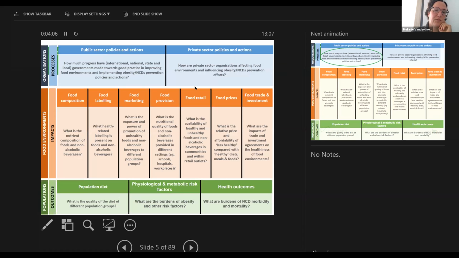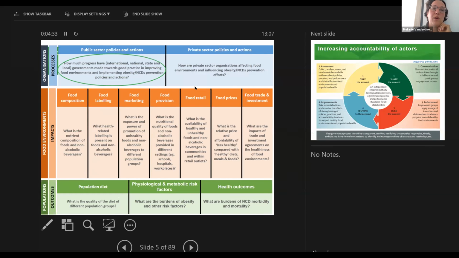This is the INFORMAS framework summarized. We are not going to go into the details today. It has several modules. The process modules on top aim to evaluate the key actors, so governments as well as the food industry, in terms of their actions to improve food environments and nutrition. Today we are going to focus on the public sector module, which includes the Food-EPI.